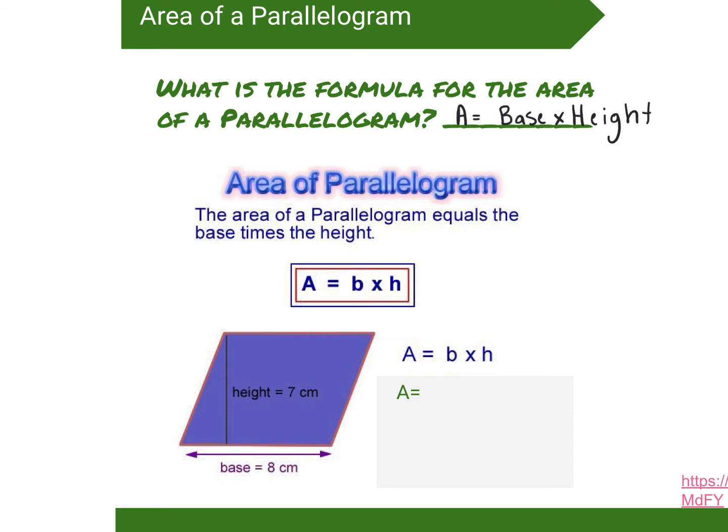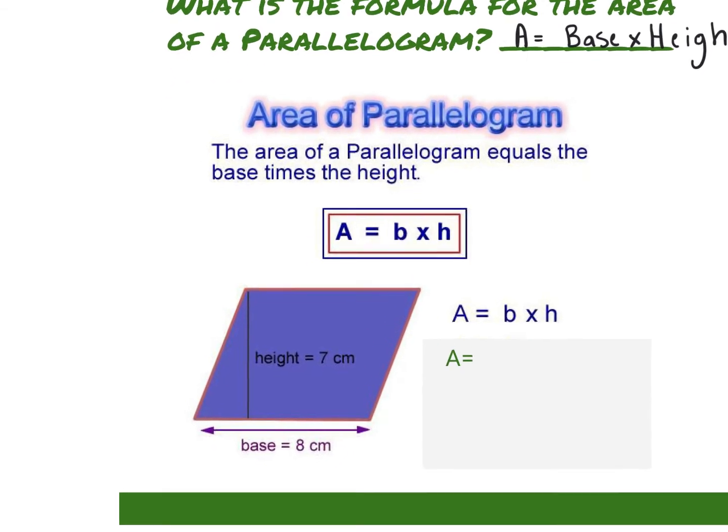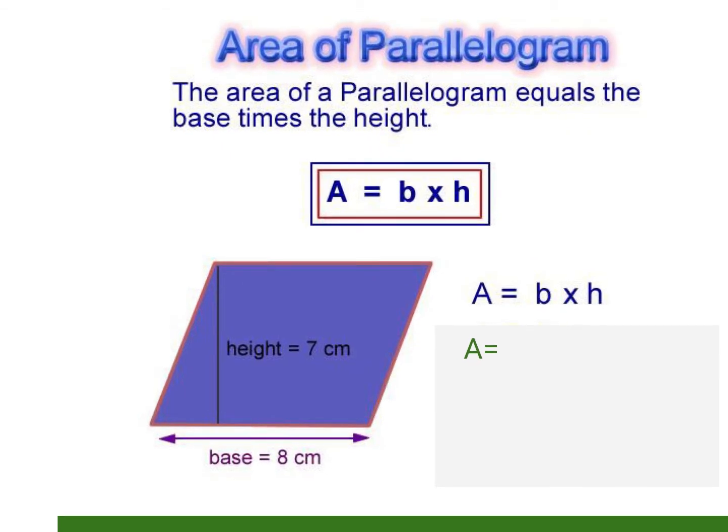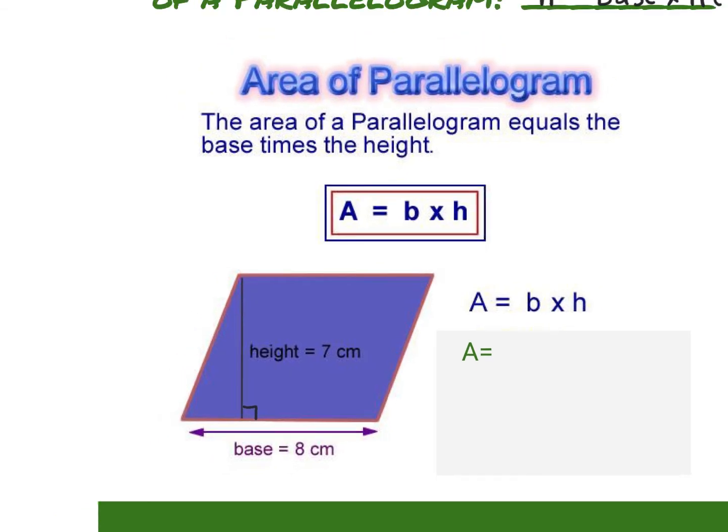And just like when we're finding the base and the height on our triangle, the base and the height intersect to form what? What kind of angle is formed? A right angle is formed when the base and the height intersect.